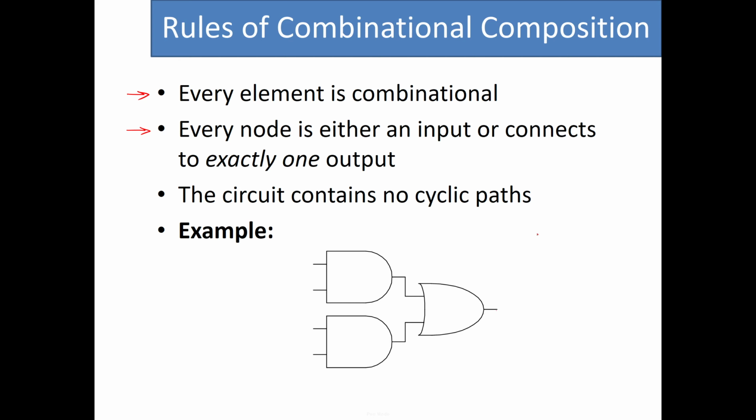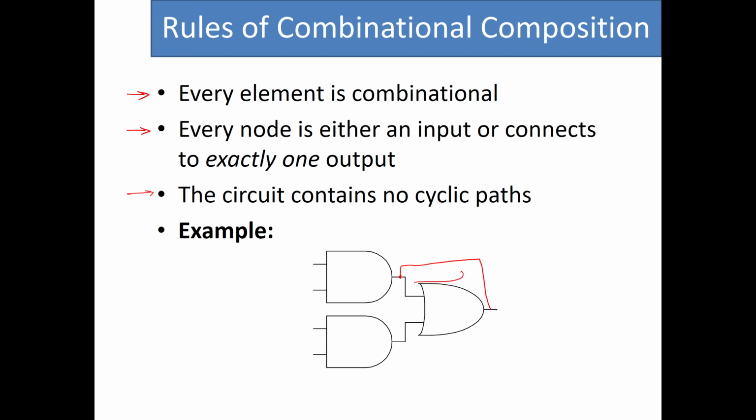And finally, the last rule: the circuit should not contain any cyclic path. Again, let's take a look at this example. We cannot have such a thing in our circuit. There shouldn't be any connection between the output of a circuit and the input, or any loop.